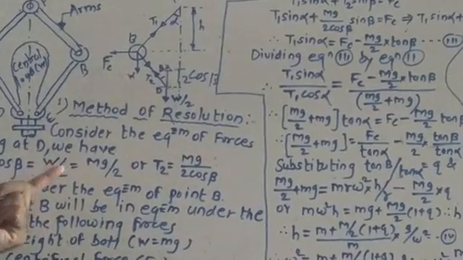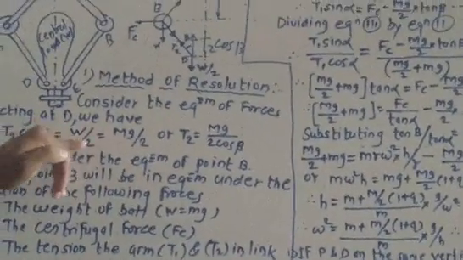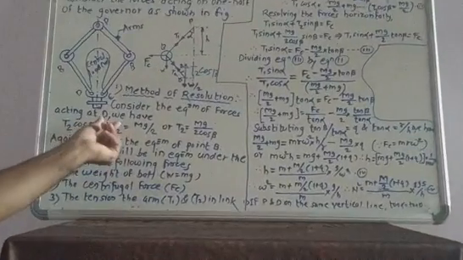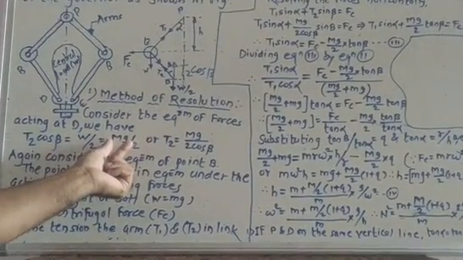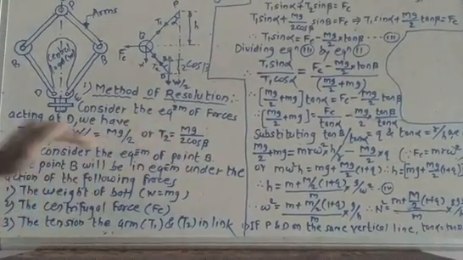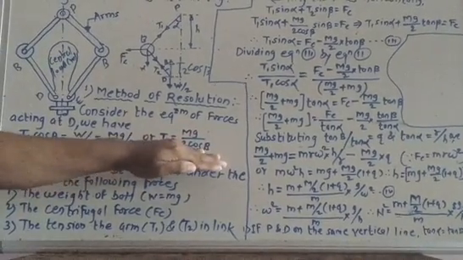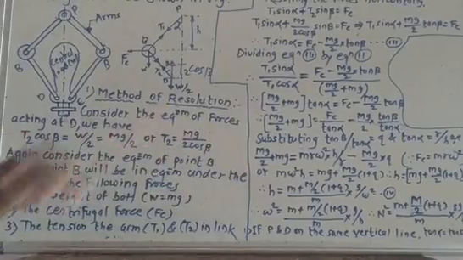So we can write T2 cos beta equals W divided by 2. W can be replaced by the term mg, so T2 equals mg by 2 cos beta.